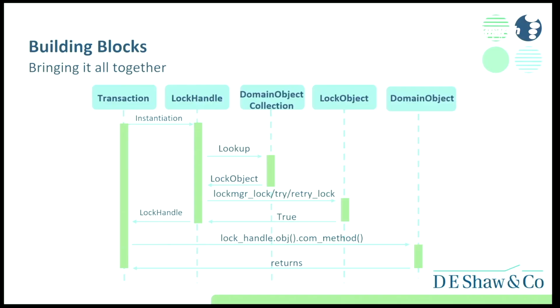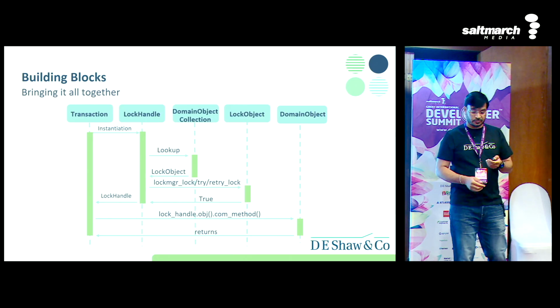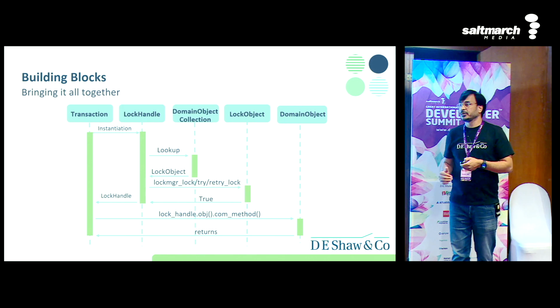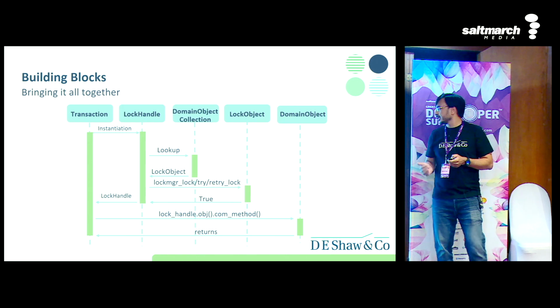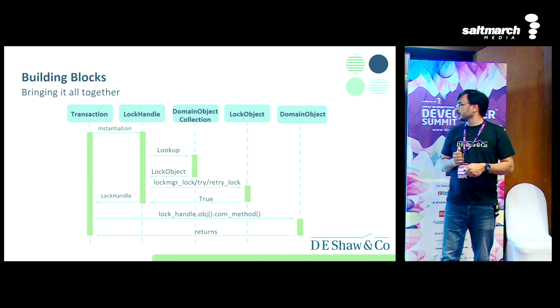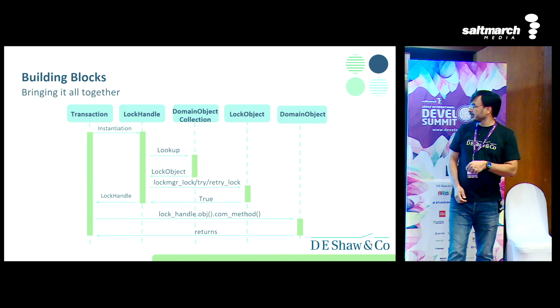Bringing it all together, what happens when a transaction is trying to acquire the lock? First, the transaction instantiates the lock handle, and the lock handle internally does the lookup in the domain object collection and gets the lock object. Once it gets the lock object, it knows the mode and the strategy that the transaction is following, so it will call the appropriate method on the lock object.